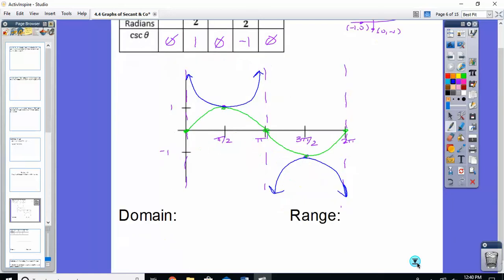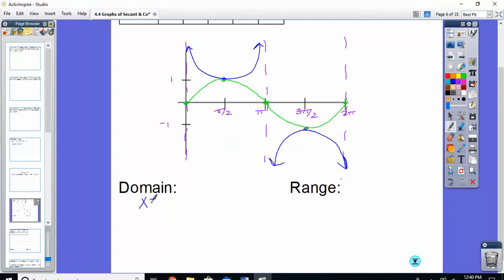The domain of this, let's put what x cannot equal. We get asymptotes at 0, pi, 2 pi, and that would keep going. So every multiple of pi. My range is going to be the opposite of sine. Sine hit everything between negative 1 and 1.